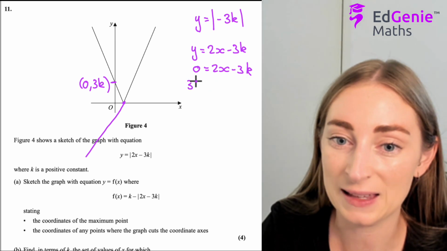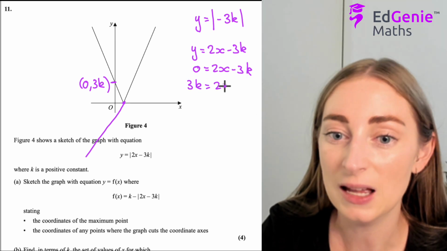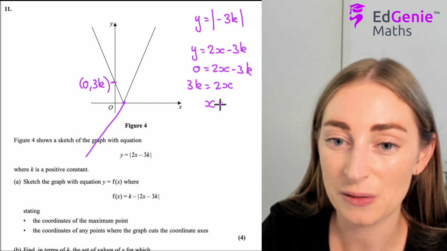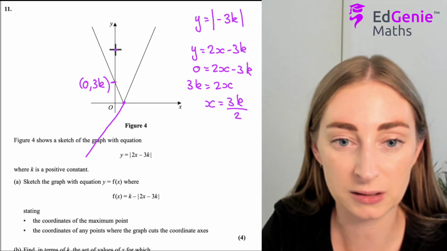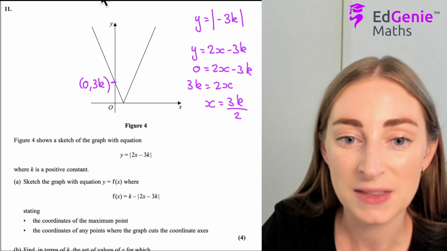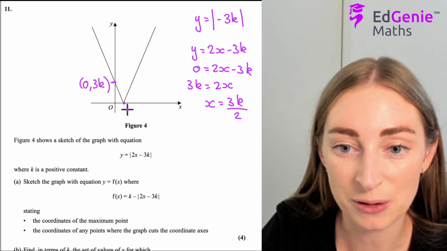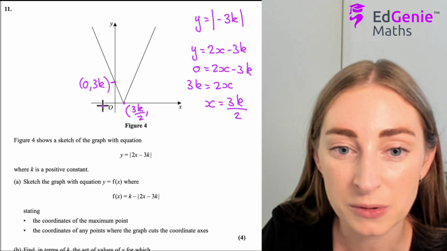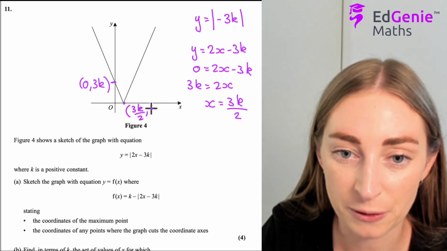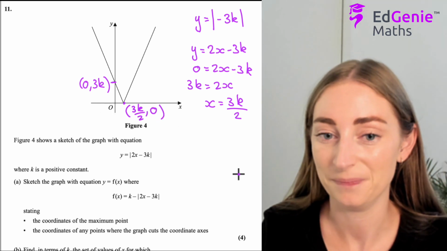So 3k equals 2x. So therefore x equals 3k divided by 2. So let's get rid of that. This coordinate here is therefore going to be 3k over 2. And what did we say our y was? 0, of course. So that's our coordinate.